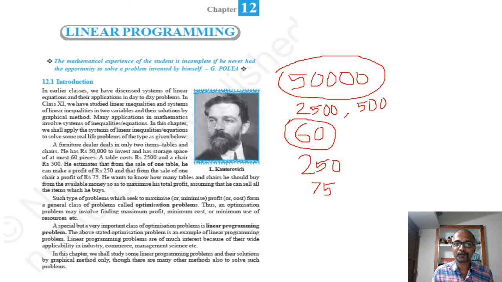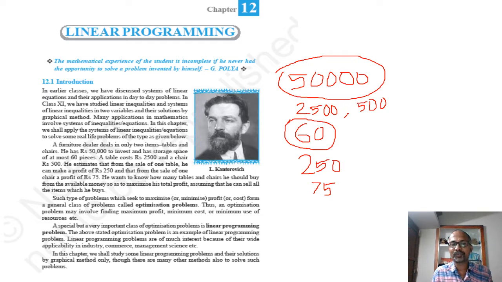With all these restrictions, he has to find out how many tables and how many chairs are to be purchased so as to get the maximum profit. This is the kind of question we are going to deal with in this chapter.